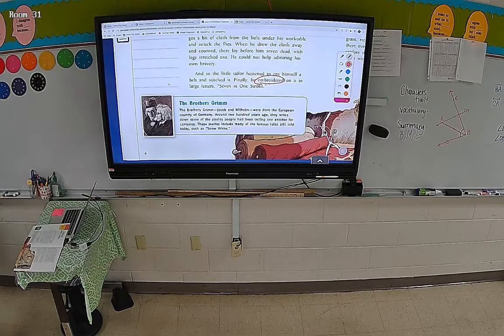What do you think it means on your notebook paper? Okay, so add that to it because that's the most important part.